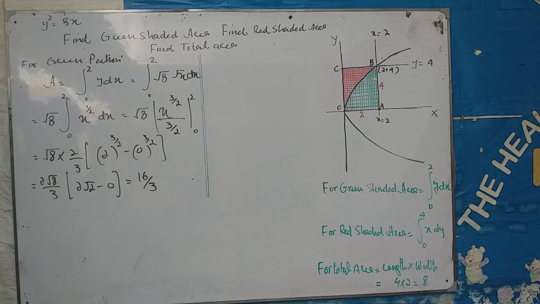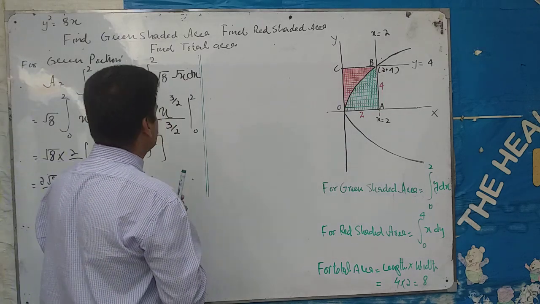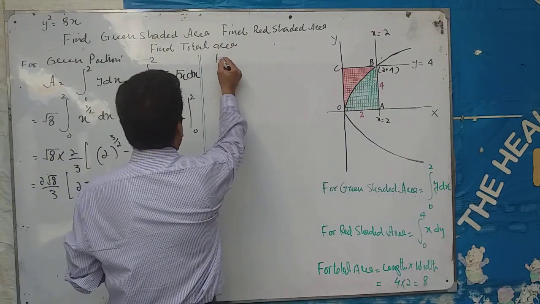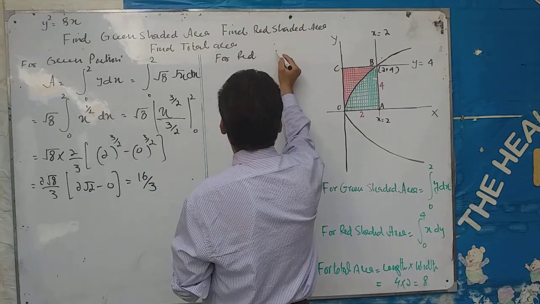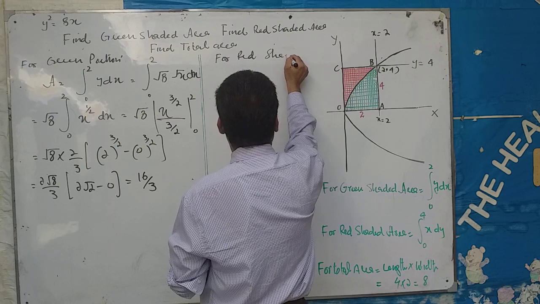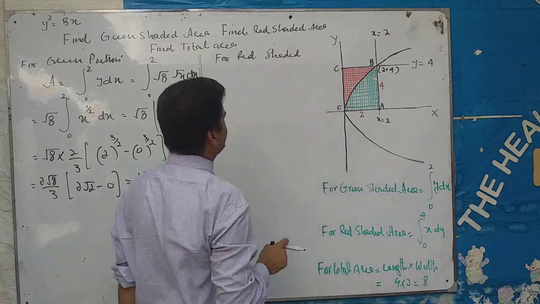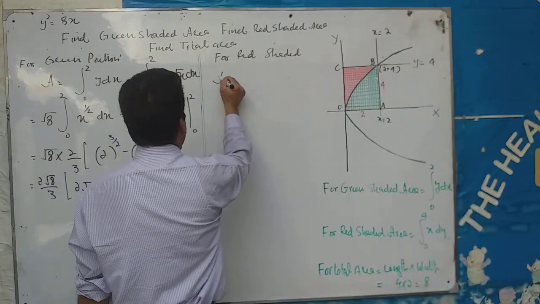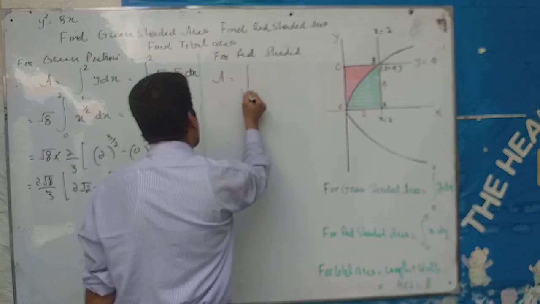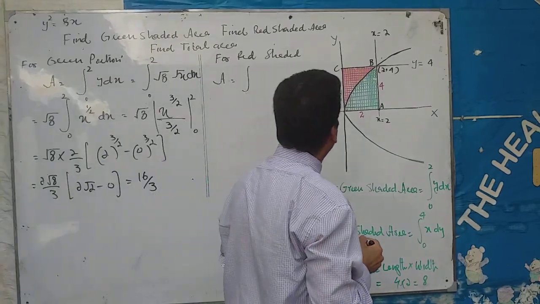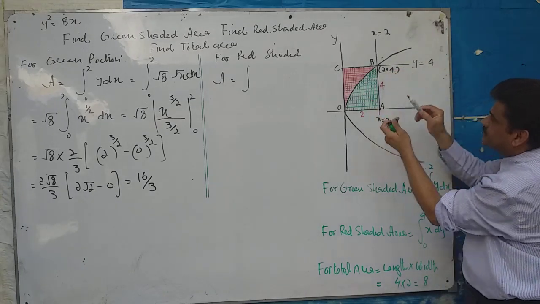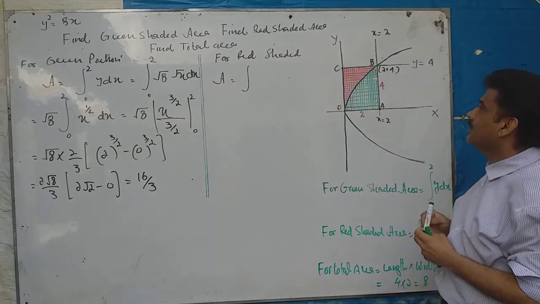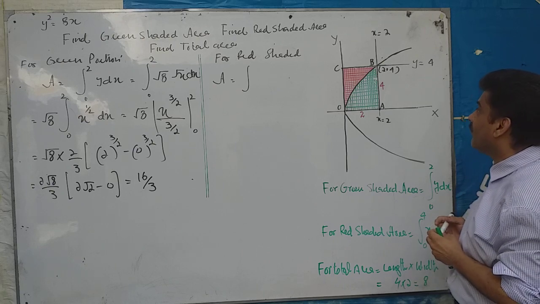We now find the red portion area. For the red shaded portion, when we want to find the area, we use limits which are the values of y.